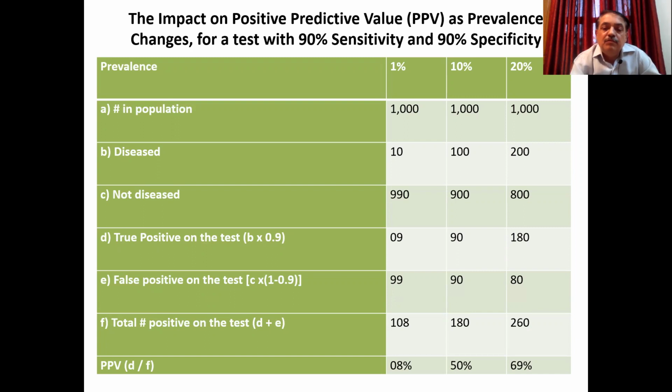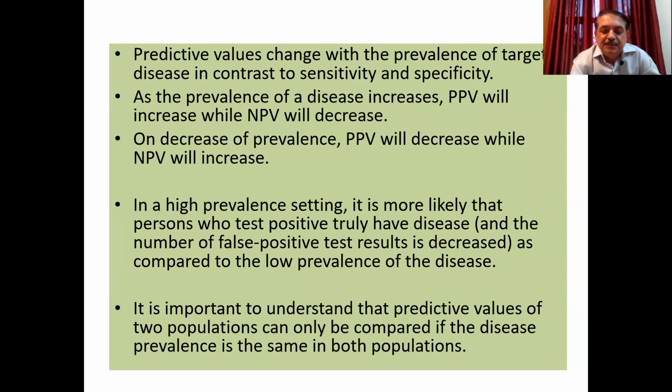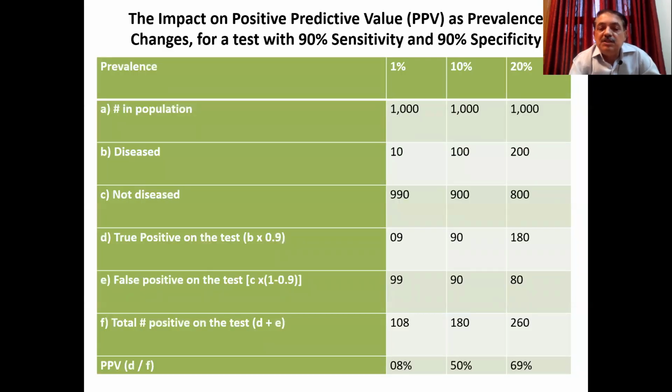Now, if you check the middle row first, what we have already calculated: in 1000 population, 10% is the prevalence. So we have 100 diseased, rest 900 are non-diseased, and here true positive we have calculated to be 90 because it is 90%. Based on sensitivity, 90% can be identified as true positive. So out of 100, it will be 90.